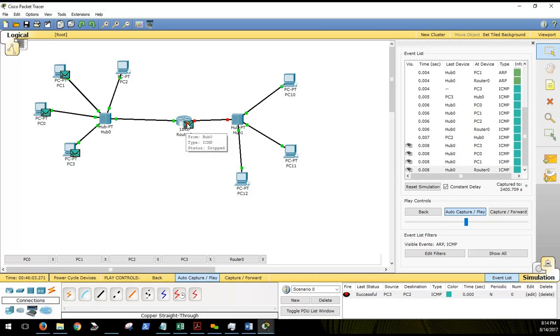So the fact that the router killed that packet is showing you how a router can break up a collision domain. And that goes back to our other diagram where we talked about that. Whereas a switch is a separate domain.